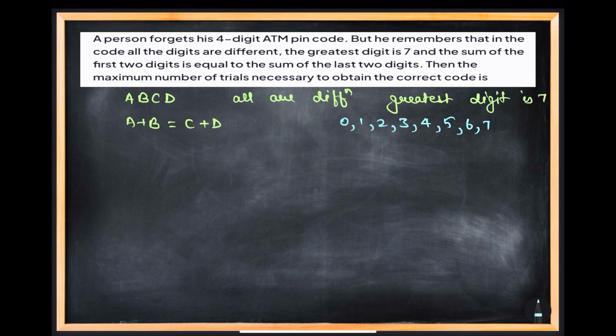So look at this. What would be the maximum sum? Can the sum be 7? Yes. If I use A as 7 and B as 0, the sum is 7. Can we go with 8? 7 and 1, 8, yes. 7 and 2, 9.